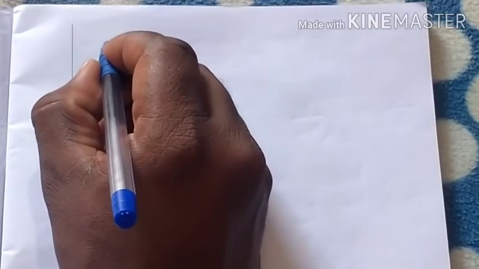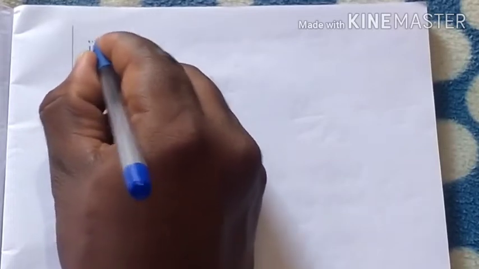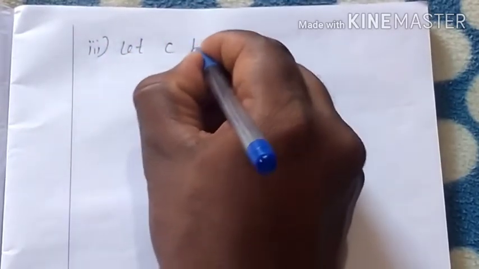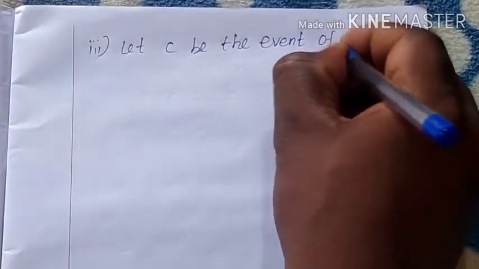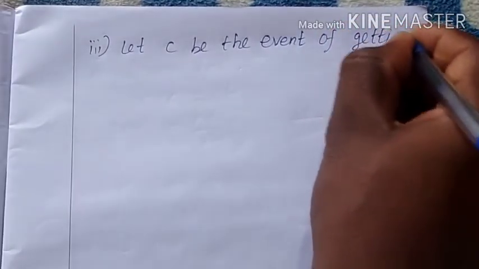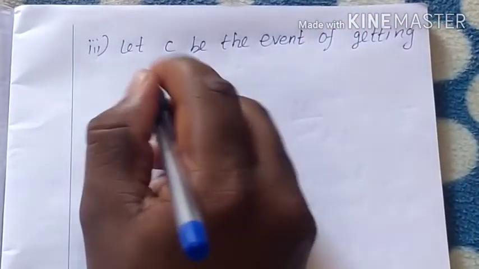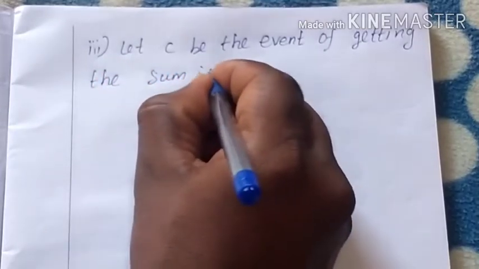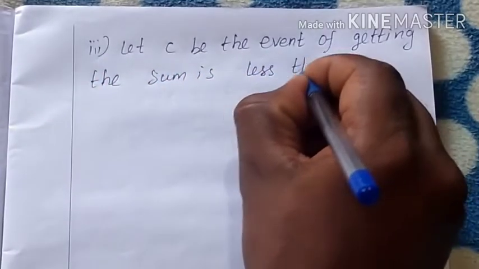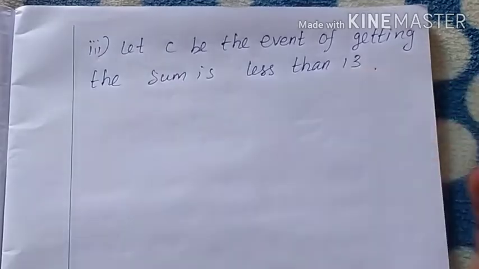The last subdivision is, what is the probability that the sum is less than 13? Let C be the event of getting a sum less than 13.